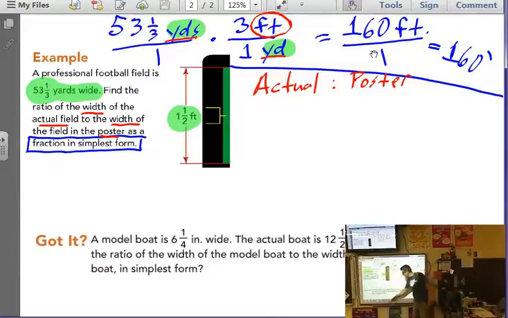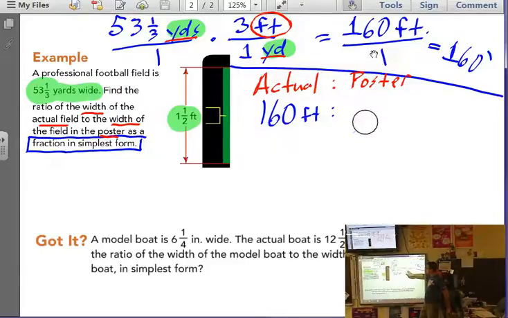So, set your actual, which is 160 feet, compared to 1.5 feet, which I'm going to go ahead and make into fraction form. What's my 1.5 in just fraction form, Andrew? 3 halves. Careful how we say that. Then I'm going to identify this is really division.